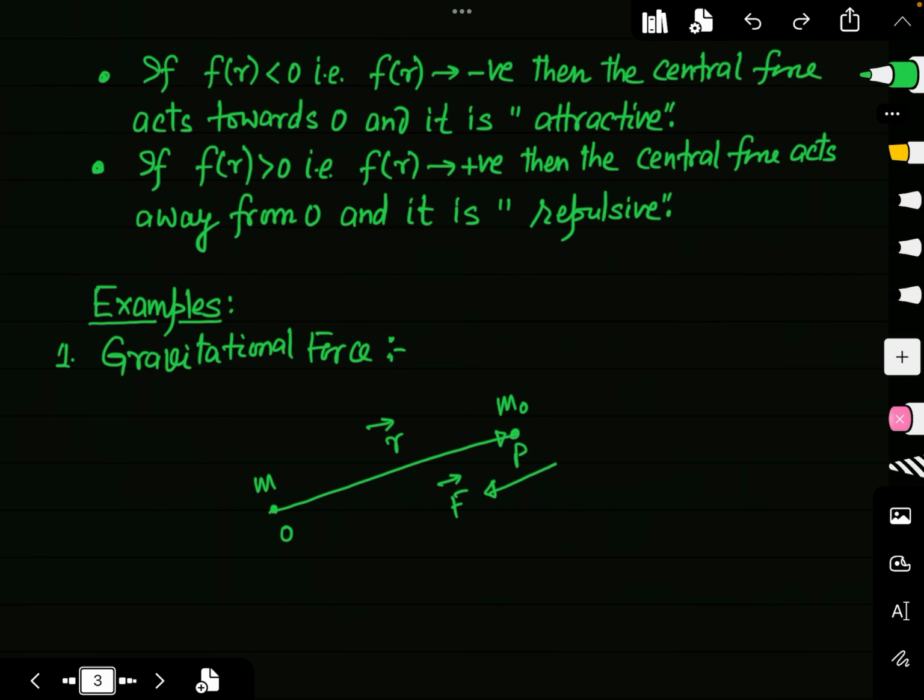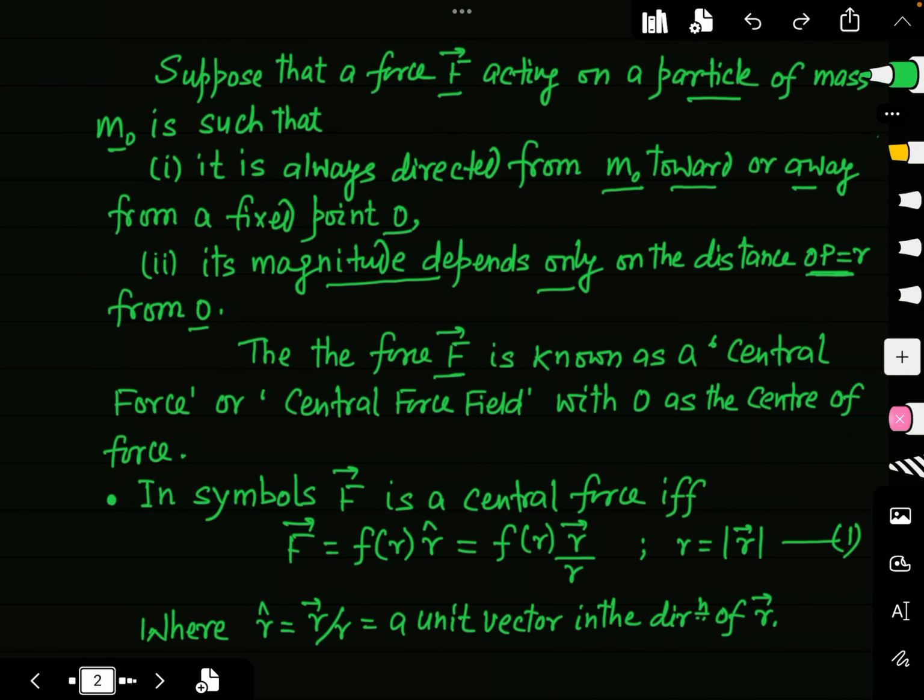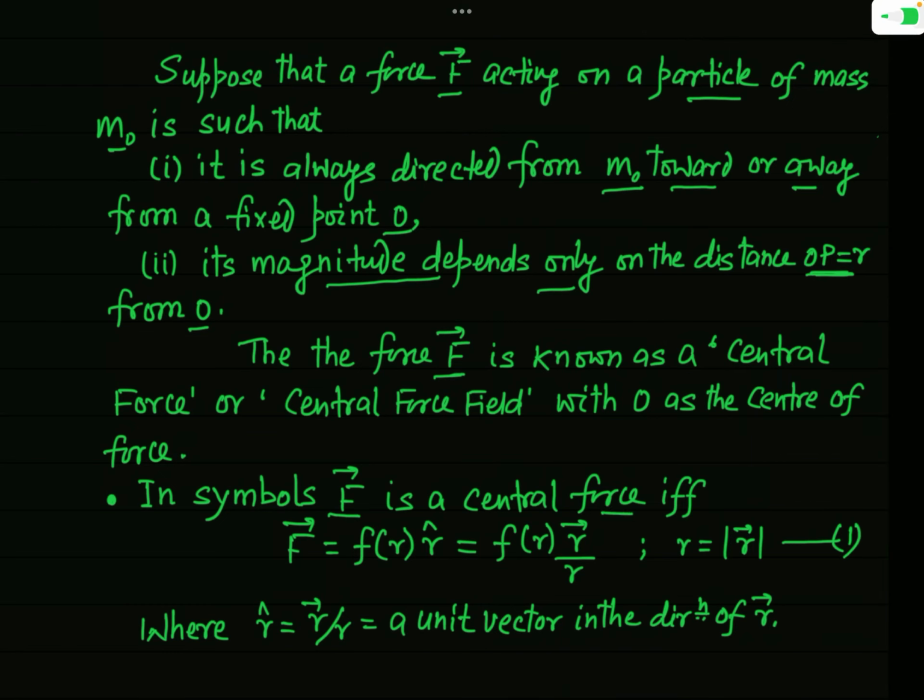You can see that I have mentioned that F is a central force if and only if, it means the necessary and sufficient condition for F to be a central force is that it must be expressed as F equal to F of r times r hat, where r hat is equal to vector r by r, where r is the modulus of vector r.